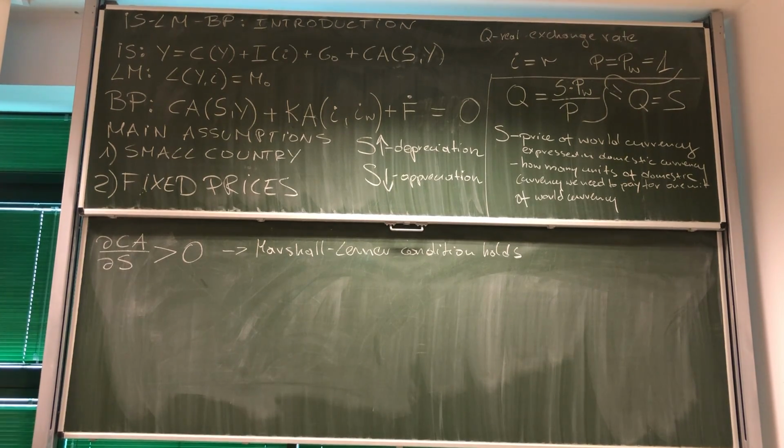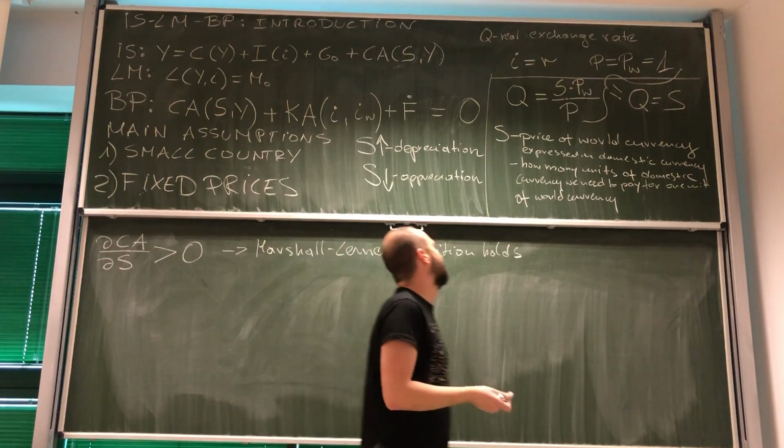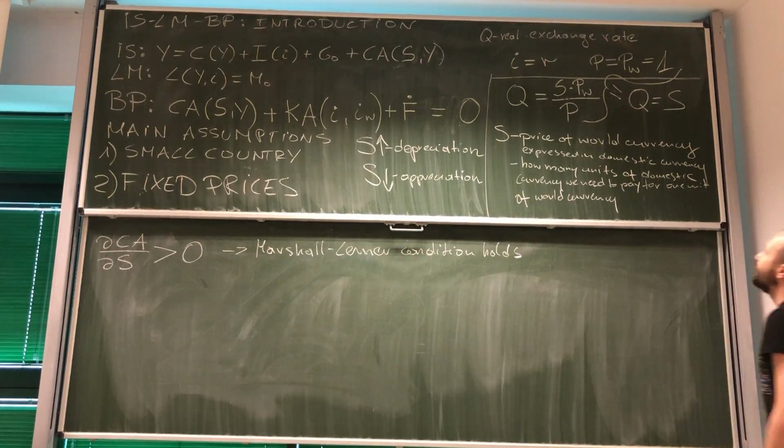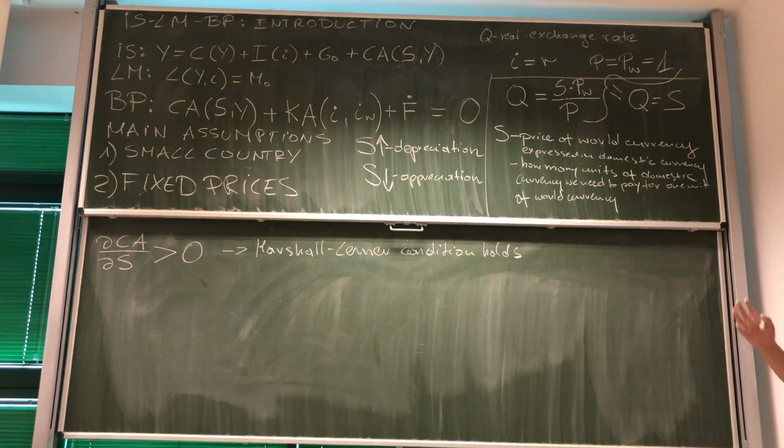So look, what depreciation is doing here, of course, it improves relative competitiveness of our goods, so we export more, we import less, and consequently, this leads to an increase in current account.